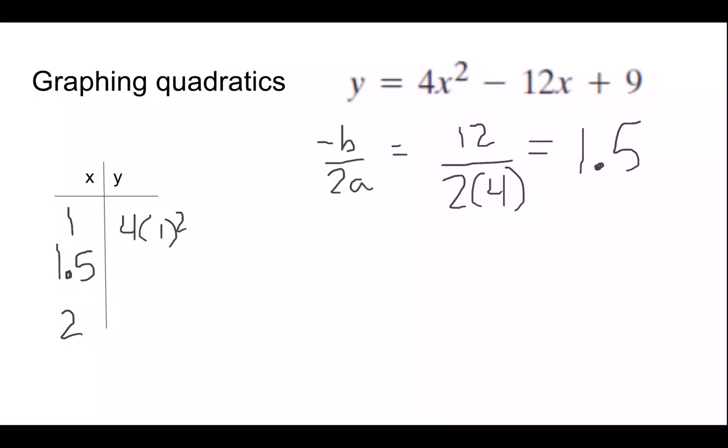So now we'll plug these points in and kind of see what we get. So 4 times 1 squared minus 12 times 1 plus 9. And this should give me 1. Then we'll do the same thing. We'll plug in our 1.5.